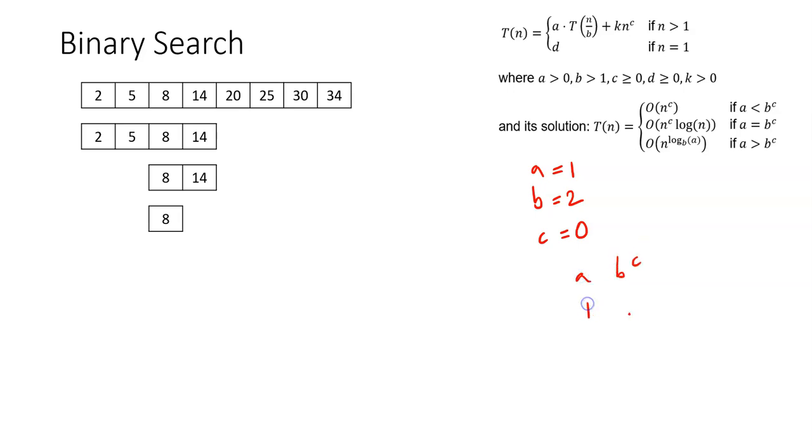So that is 1 with 2 to the 0. We can see that they are equal. So again, we're looking at that second case. We have big O of n to the 0 log n. That's an n, and n to the 0, of course, is 1. So we have big O of log n.